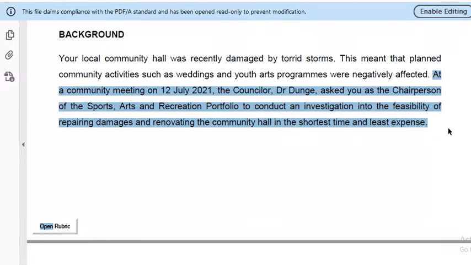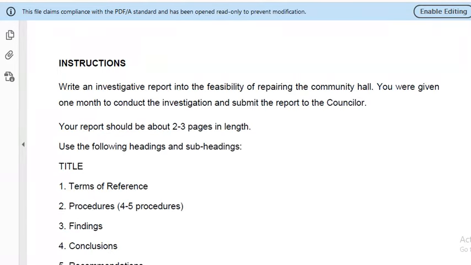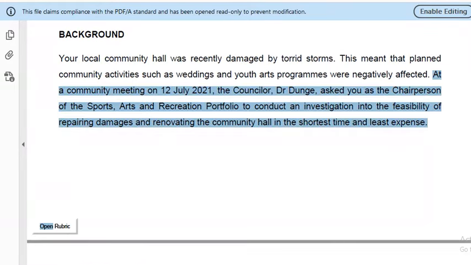I don't know, maybe I'm mixing up information. Maybe you can use this as your title. I chose to use a different title, not this title which says investigation into the feasibility of repairing damages and renovating community hall in the shortest time.